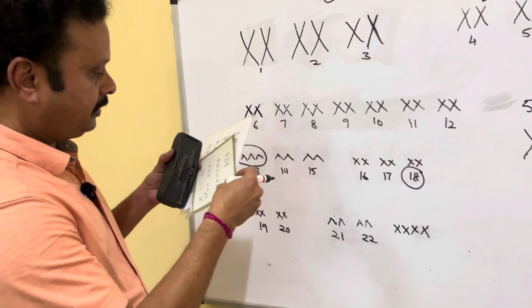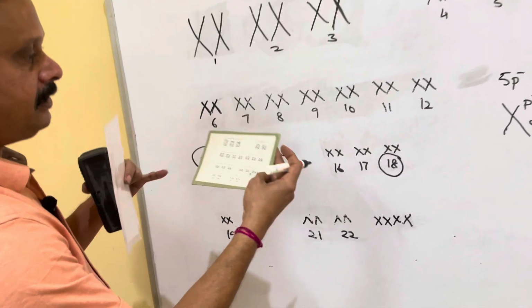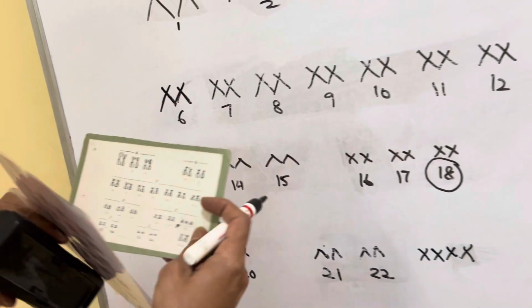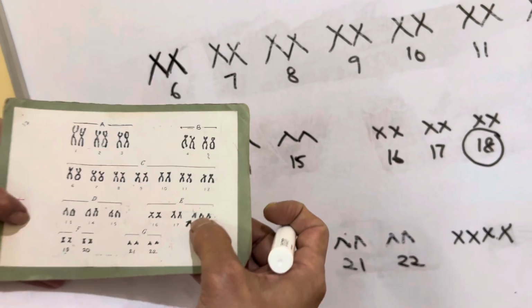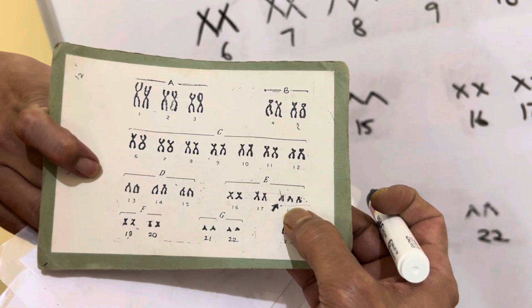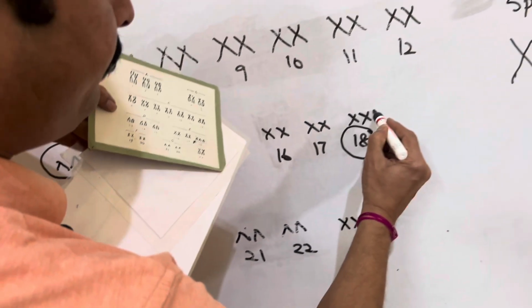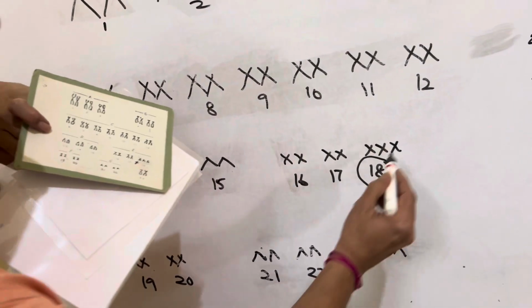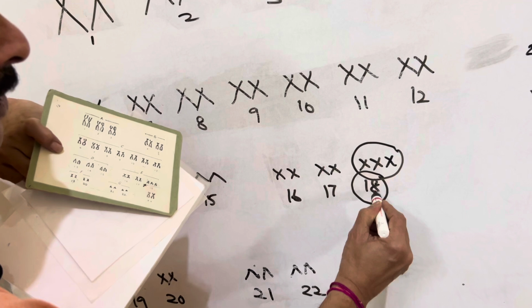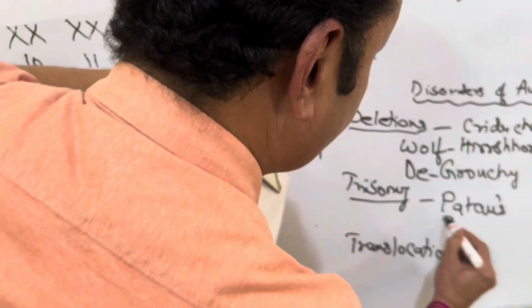Similarly, in this chart, there is an additional chromosome at the 18th level. That means here, instead of 2, here it will be 3. This we call trisomy 18, that is Edwards syndrome.